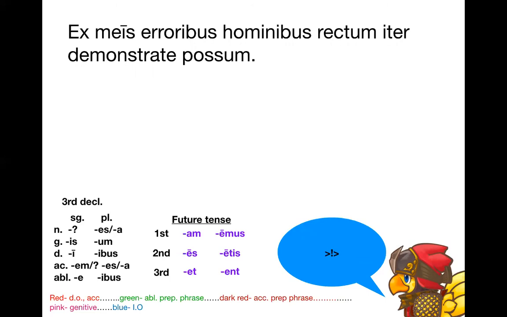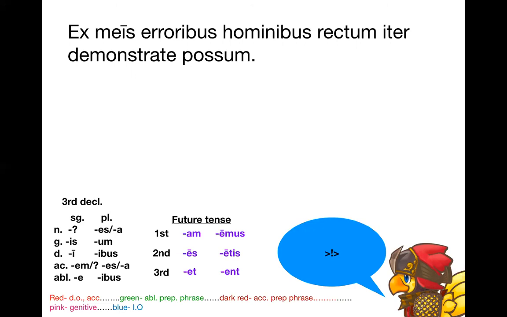They tell us this means right, and iter means way. So possum, what's the subject of possum? Is it first person singular? Yes, it is. So it means I can.